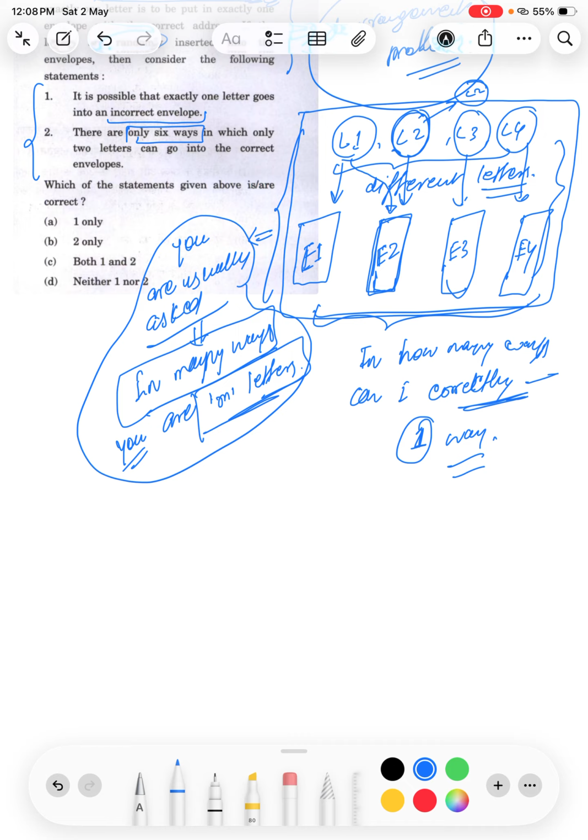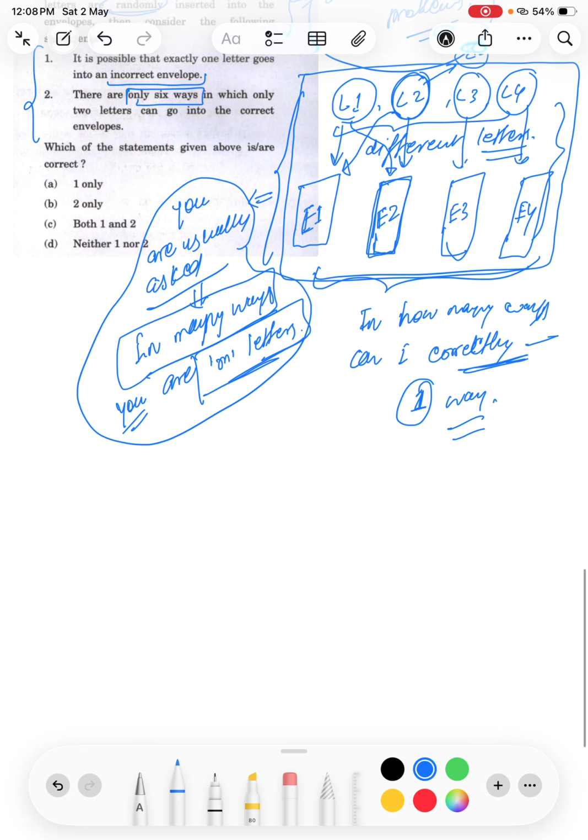So minimum derangement which is possible is of 2 letters. L2, let's say, is not going to E3, L2 is going to E1.